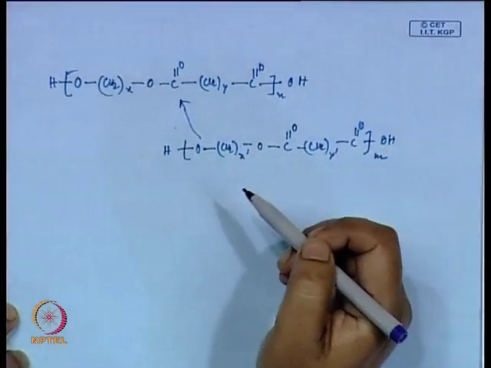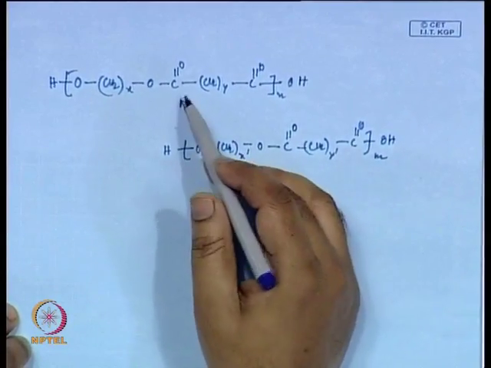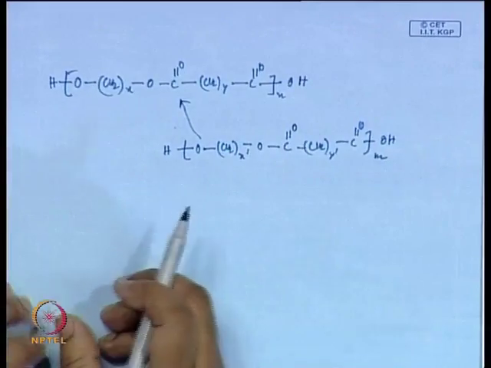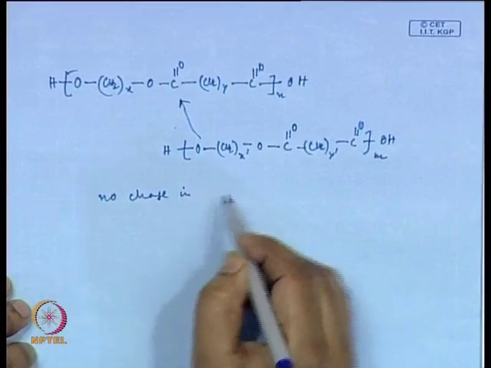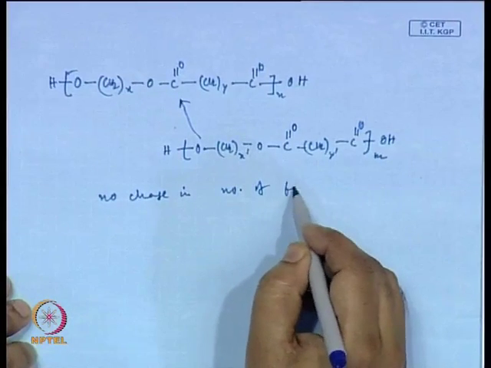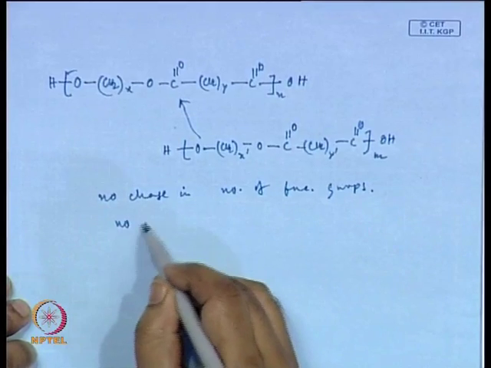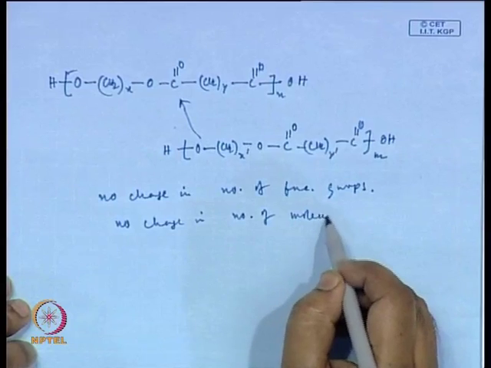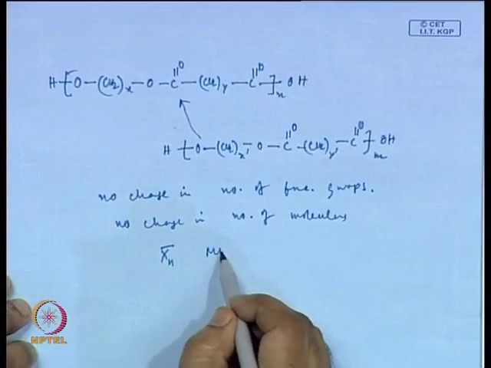Now, this molecule can again do a nucleophilic substitution reaction, and they can exchange parts in two different chains, but in this case there is no change in the number of functional groups, so no change in the number of molecules either. As a result, no change in the extent of reaction, and no change in molecular weight as well.